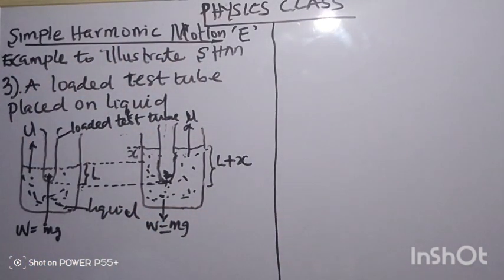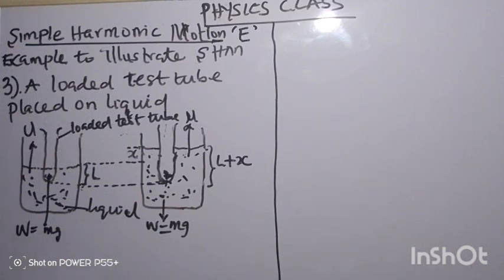During our last lesson, our topic was examples to illustrate simple harmonic motion. In that lesson, we looked at the second example, which is a loaded spiral spring oscillating up and down to perform simple harmonic motion.